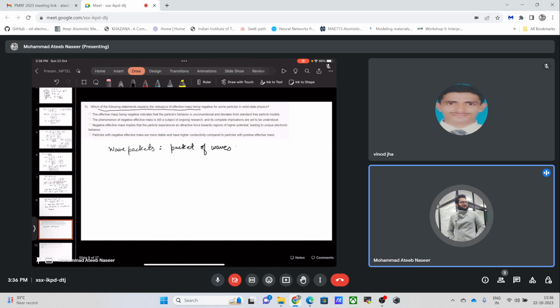Or we can say that we need to find out the time evolution of this wave packet motion, because when we are applying some external agents, like some forces, we need to find out how this electron behaves in a crystal. So the motion of these wave packets under external forces, and its evolution with time, would be somewhat analogous to the equations of motion.